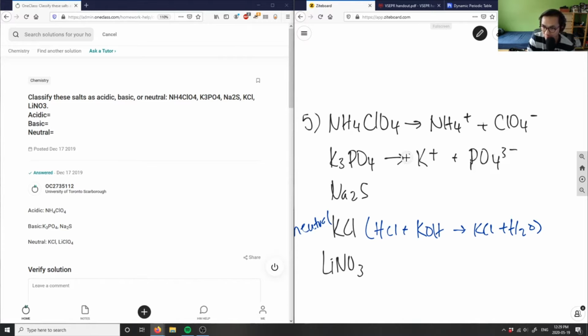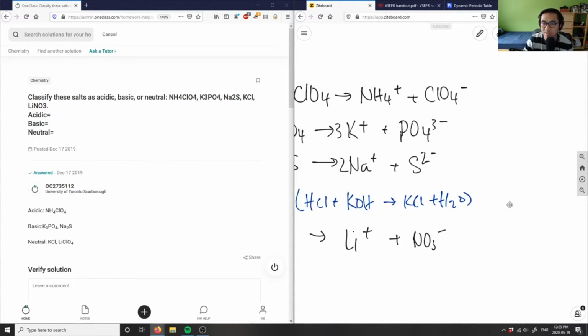And I'm going to need a 3 here to balance this chemical equation. This here I have Na plus S2 minus. Again, this here is 2. And finally, it's LiNO3, right? I don't know why they have LiClO4 then, actually. But I'm going to go with the question here and say that this here is Li plus NO3 minus here.